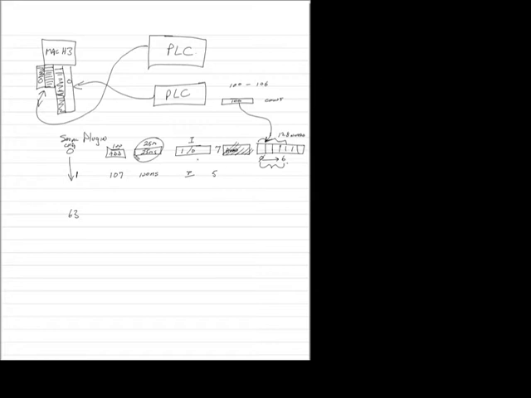This would mean that in configuration 1's data buffer, each configuration has its own data buffer, address 107 in the PLC, all the way up to 107 plus 5, so address 112, will be transferred into the data buffer of configuration 1 starting at address 0, 1, 2, 3, and 4.